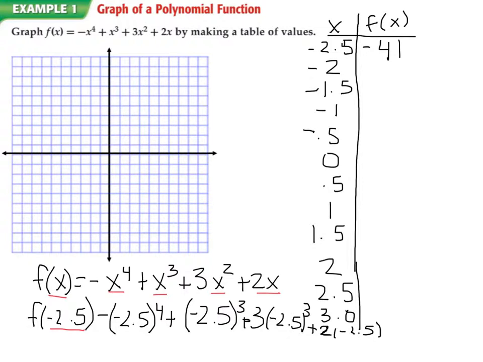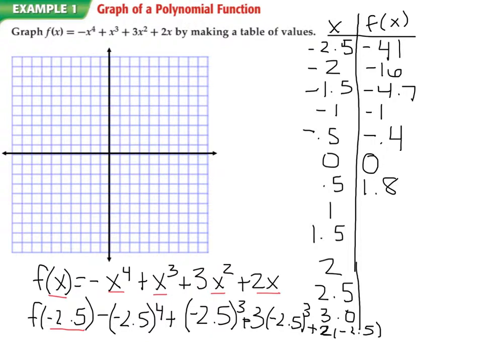Evaluating the rest of these, we get negative 16 for negative 2. At negative 1.5, we get negative 4.7. At negative 1, we get negative 1. At negative 0.5, we get negative 0.4. At 0, we get 0. At 0.5, we get 1.8.